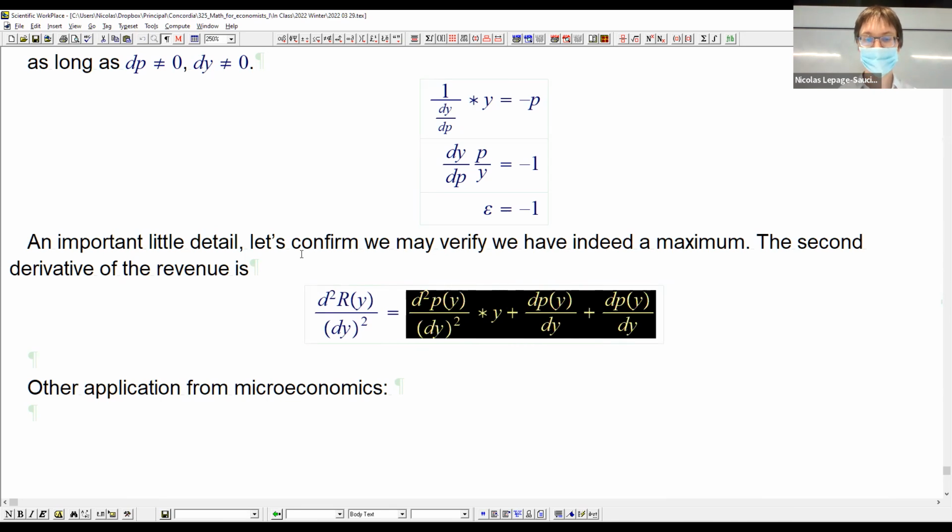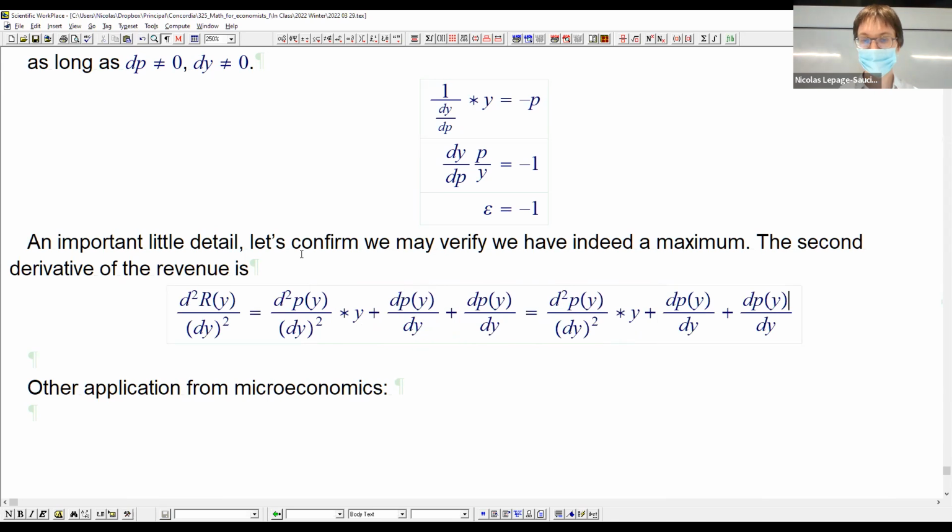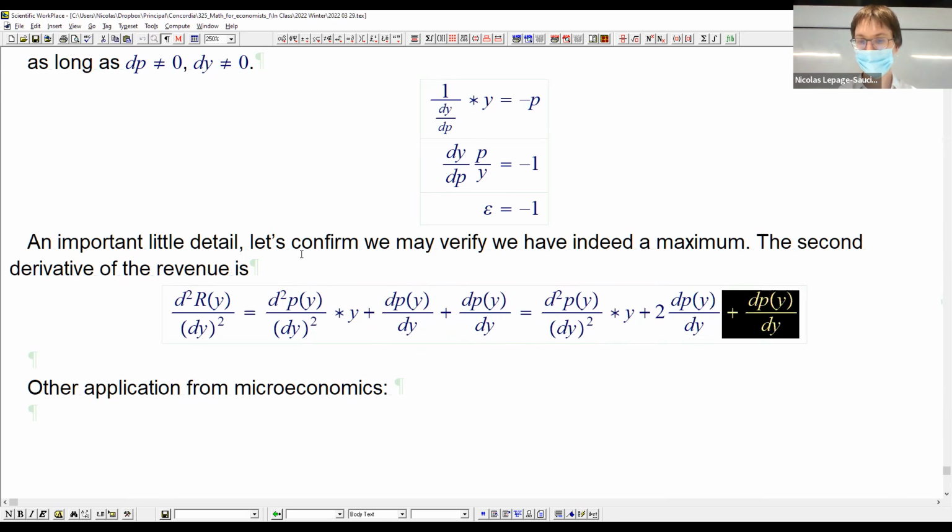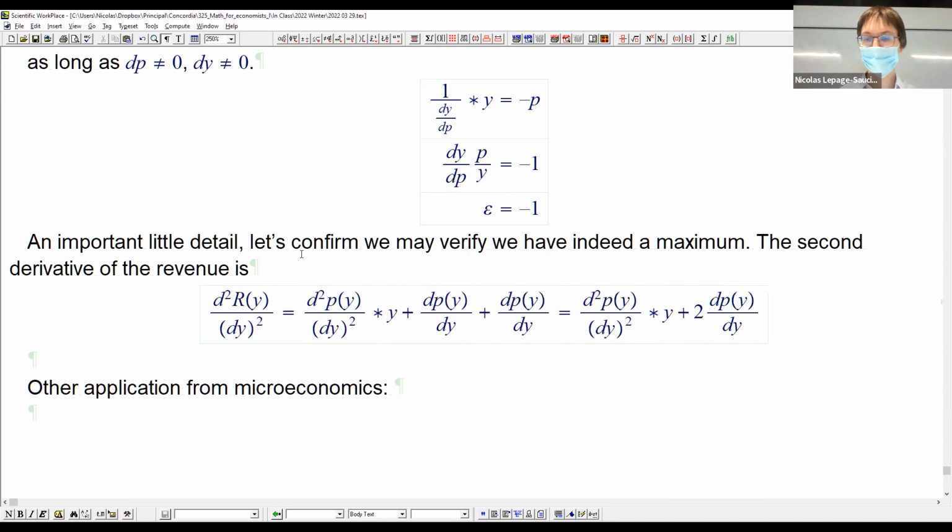So then what is it? Should this be positive or negative? Yes, it should be negative for a maximum.